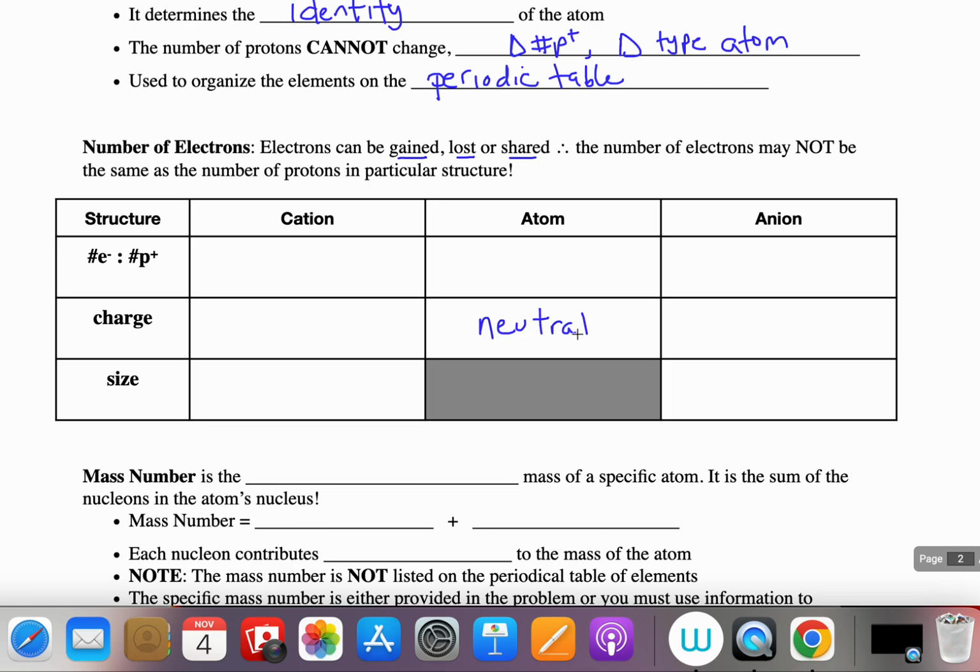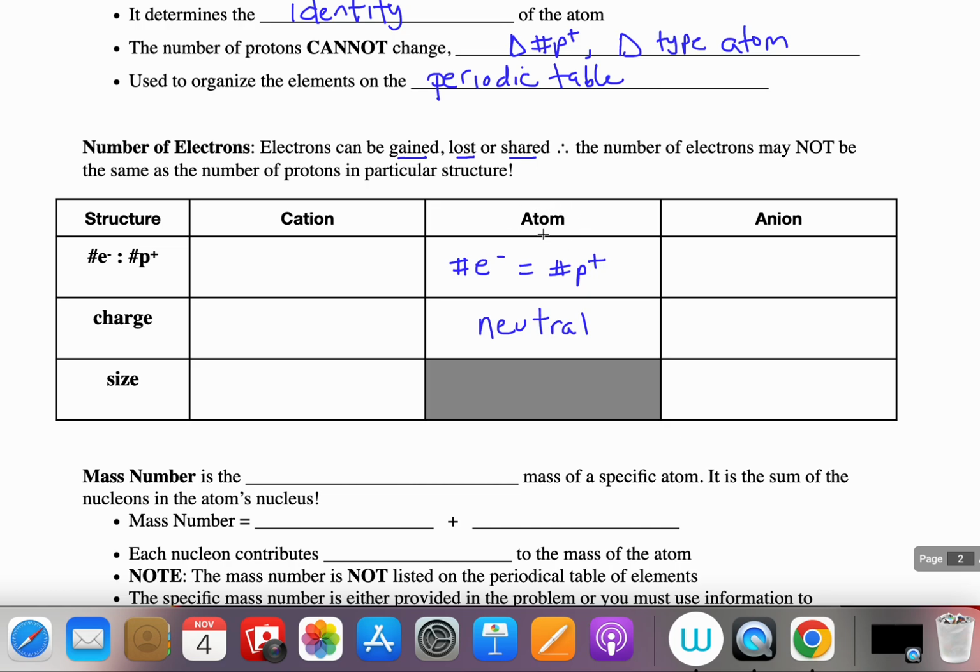The reason its net charge is neutral is that the number of negative charges represented by the electron count is equal to the number of positive charges represented by the number of protons in its nucleus. And the atom is our reference point.